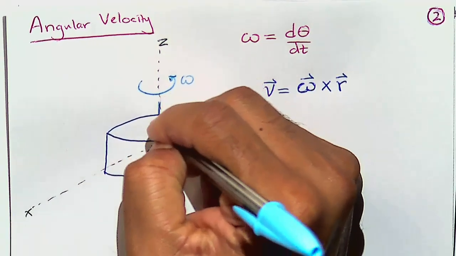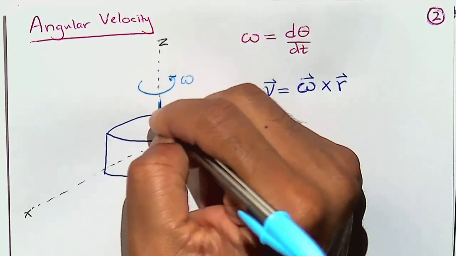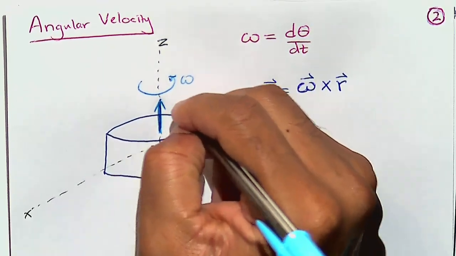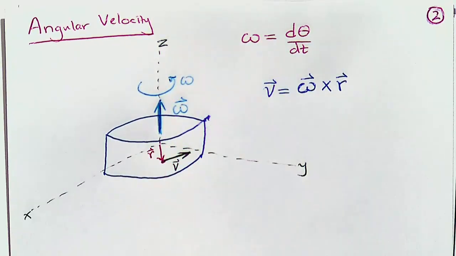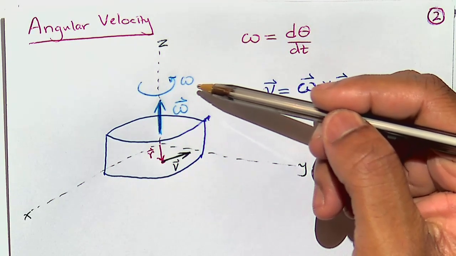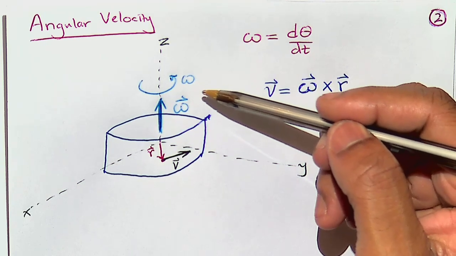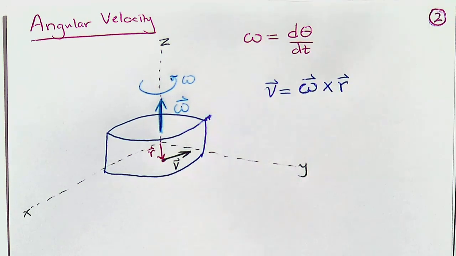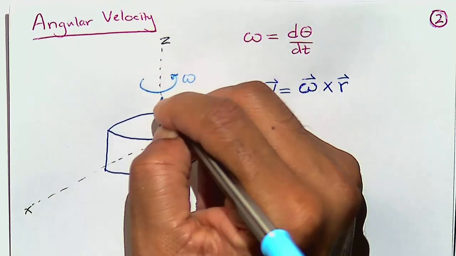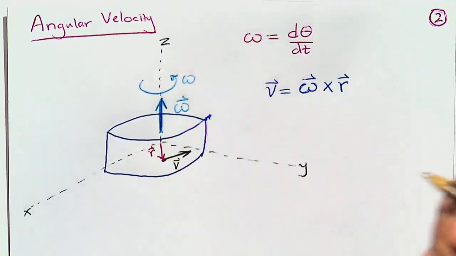And omega points upward like this. That's omega, the vector, right? So this up here is an imprecise way of saying what omega is, right? Angular velocity, counterclockwise. If you're just first starting off with this stuff, it's perfectly fine to say it's counterclockwise, right?